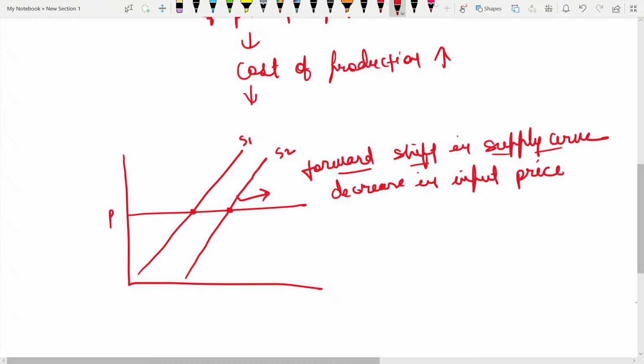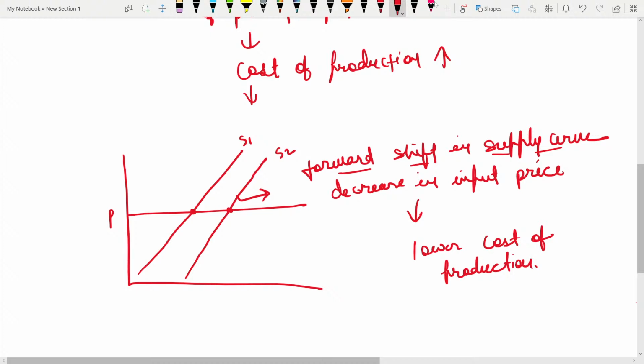Okay, so due to decreasing input price, what will happen? This will lead to lower cost of production. At lower cost of production, producers or firms are more capable to produce more of the goods.